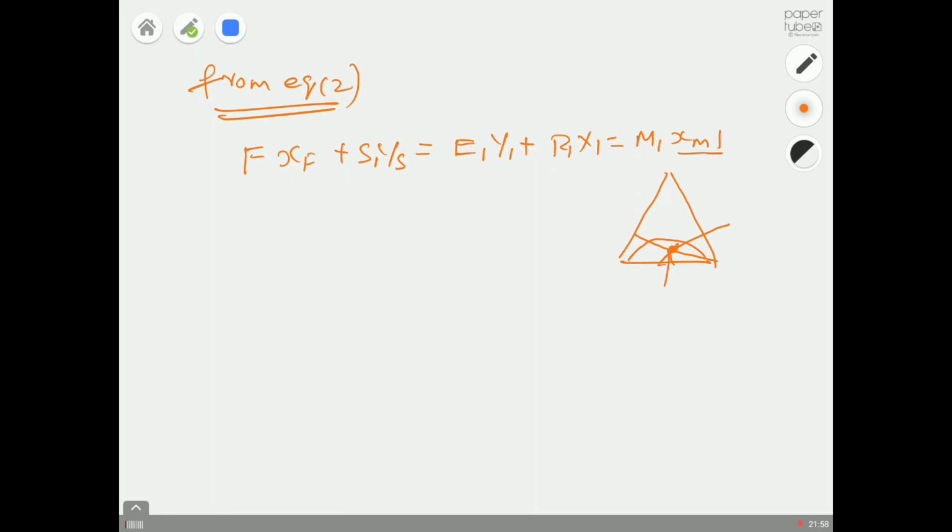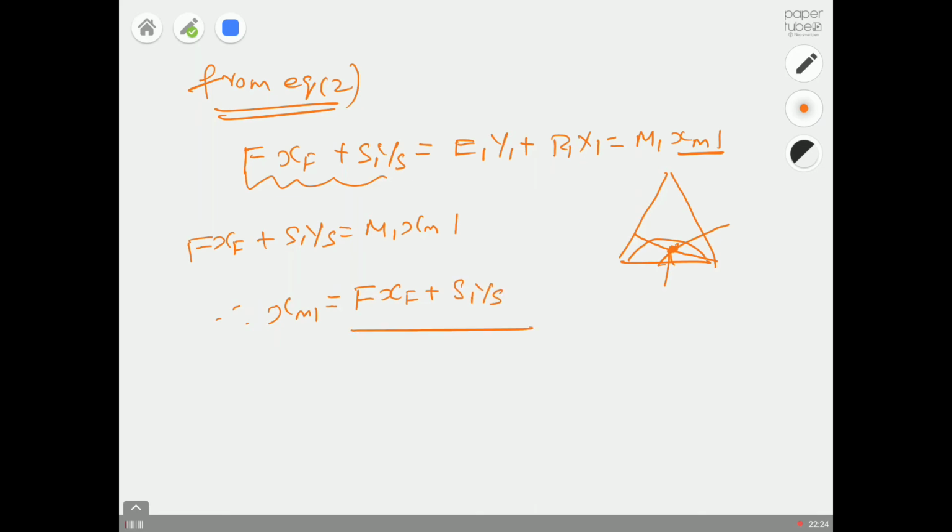So what we are going to calculate is xM1. It's very easy to do. Let's take this part alone: F xf plus S1 ys is equal to M1 xM1. Therefore xM1 should be equal to F xf plus S1 ys divided by M1. Yeah?